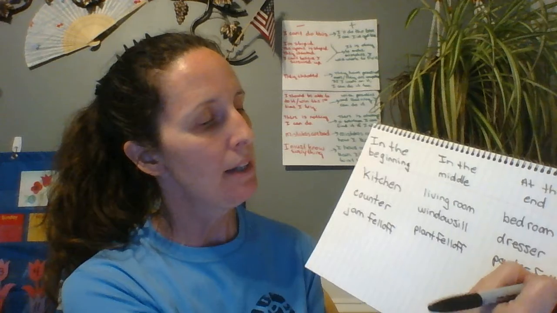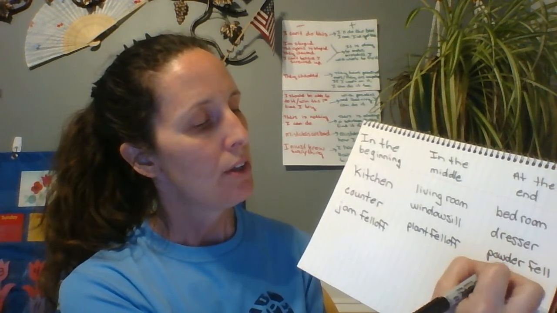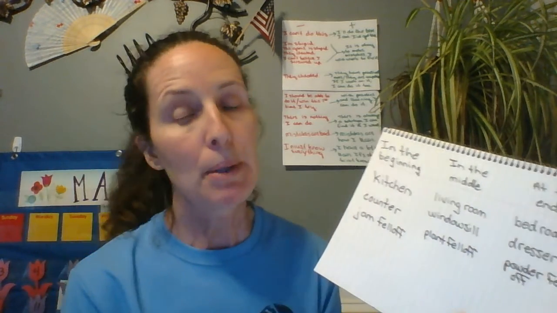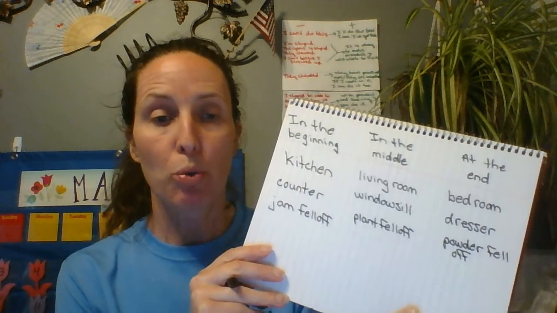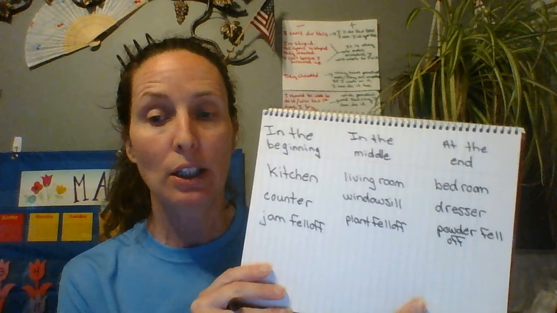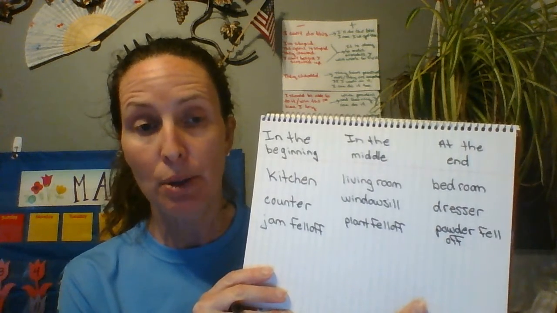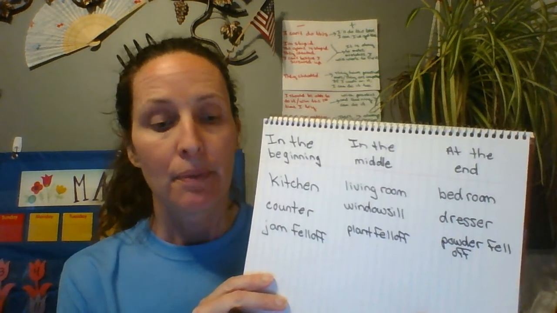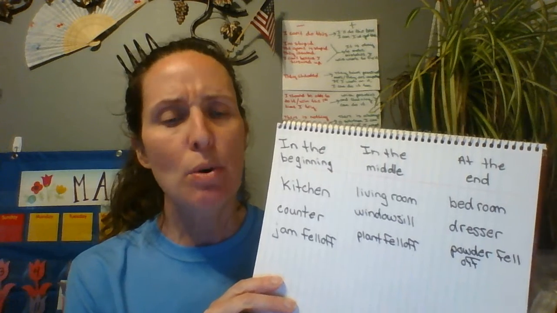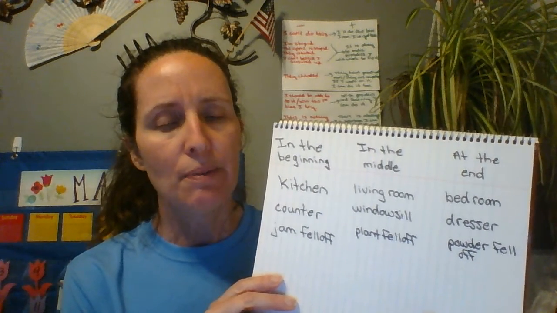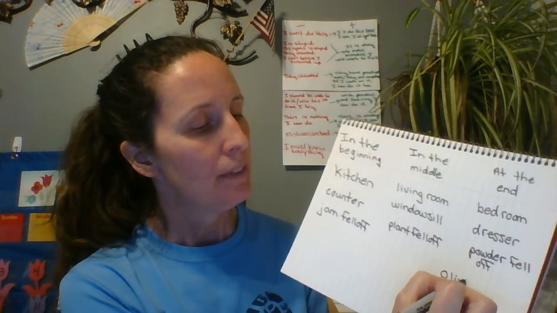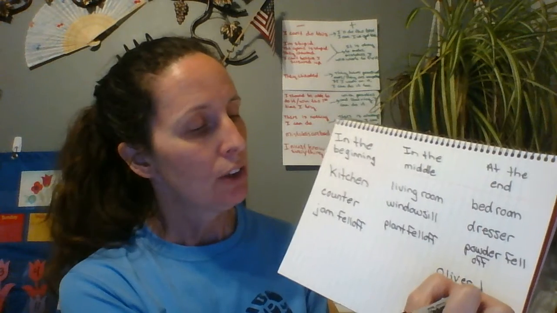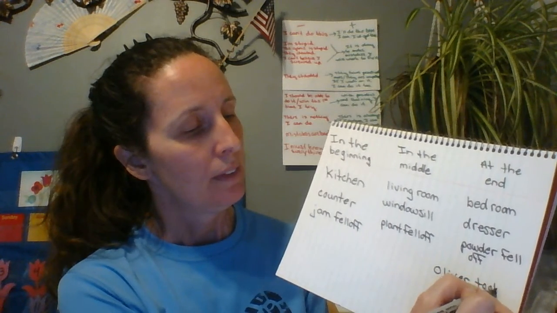Made a big mess on the floor. Remember? It fell and it went everywhere. That was the big word that we used. So if you need to go back and look at the book to find that word everywhere, go ahead and do it. And what happened at the very end? What was the last thing that Oliver did? You remember? He took a nap. Oliver took a nap.